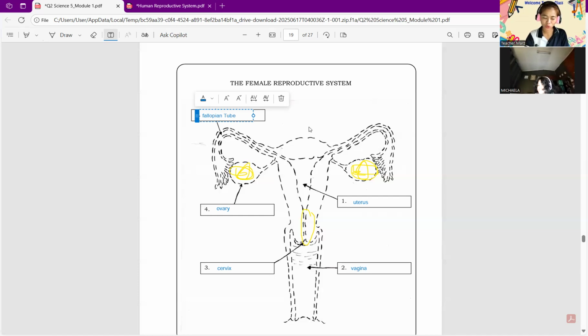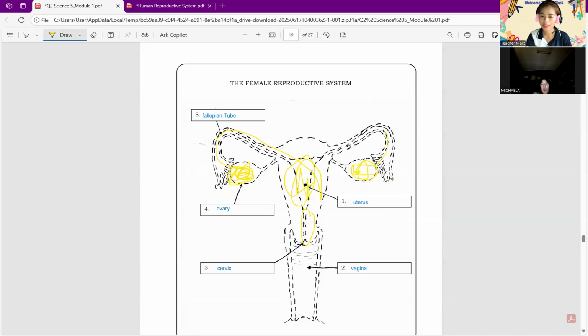So what is fallopian tube? It is the pathway of the egg cell from the ovary going to the uterus.